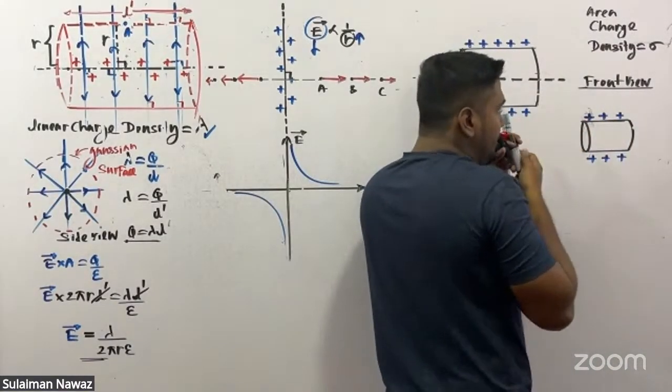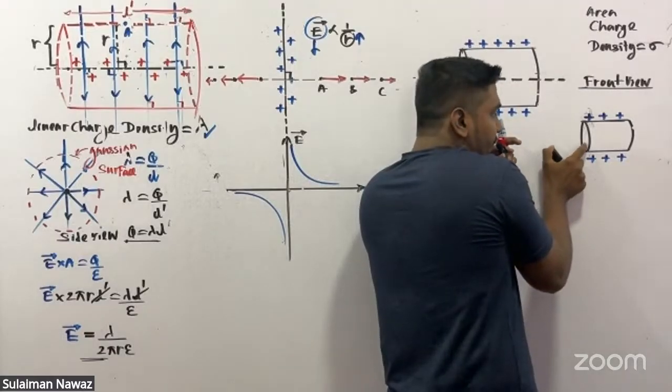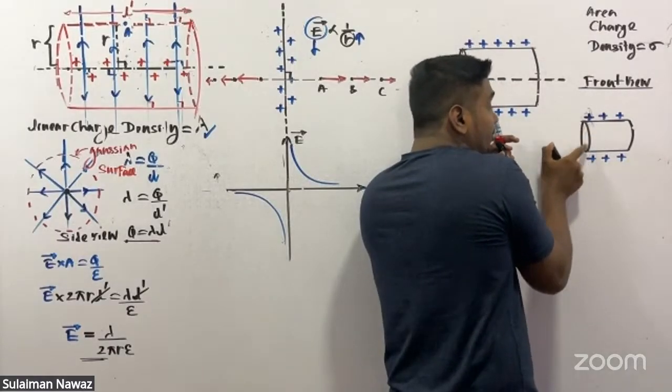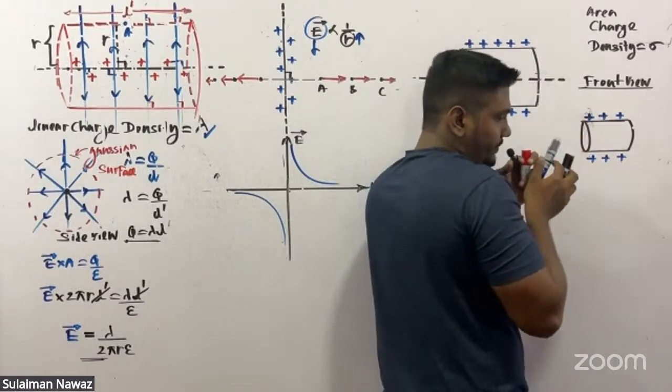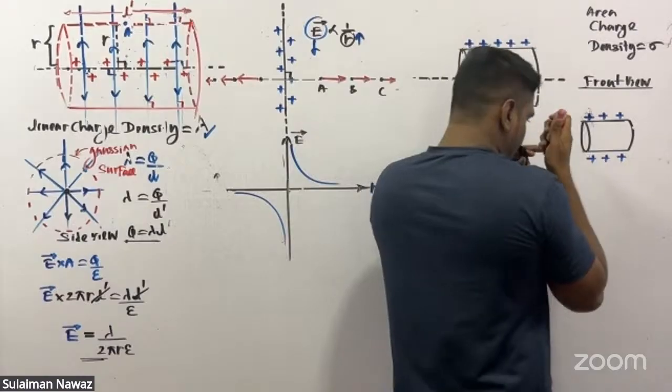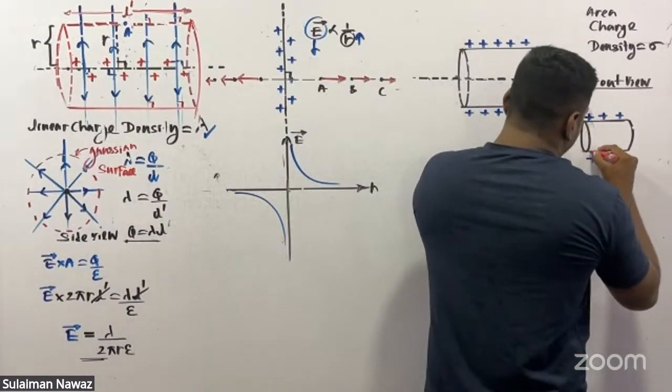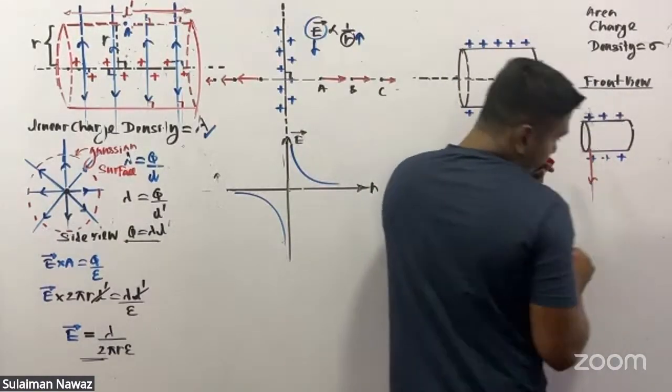Since it's positively charged, electric field lines are leaving perpendicular to this object. This is how the electric field lines appear. Am I correct?